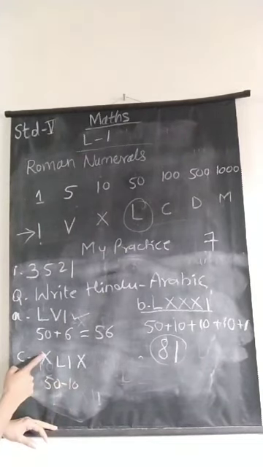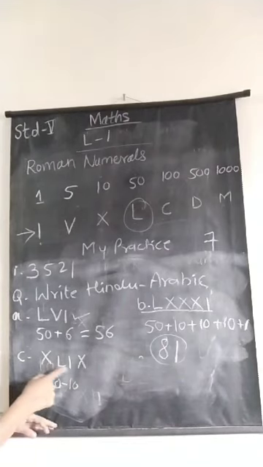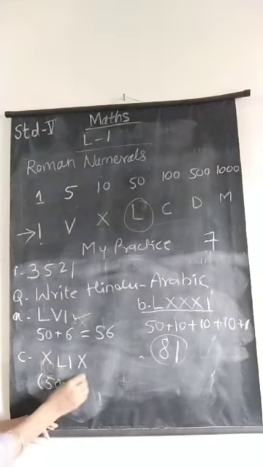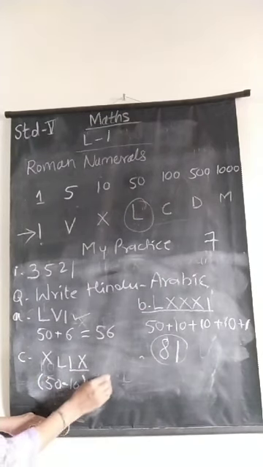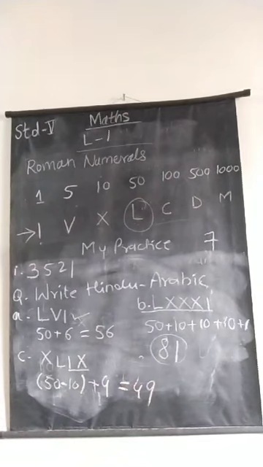Okay. When the smaller number is written first and the larger number is written after that, that means you have to subtract the first from the second. Okay. 50 minus 10, that is 40, and then IX is 9. So the answer is 49. Okay students, understand?